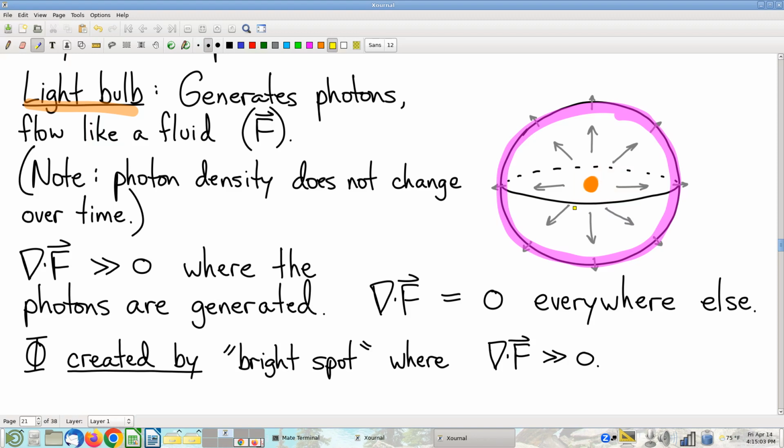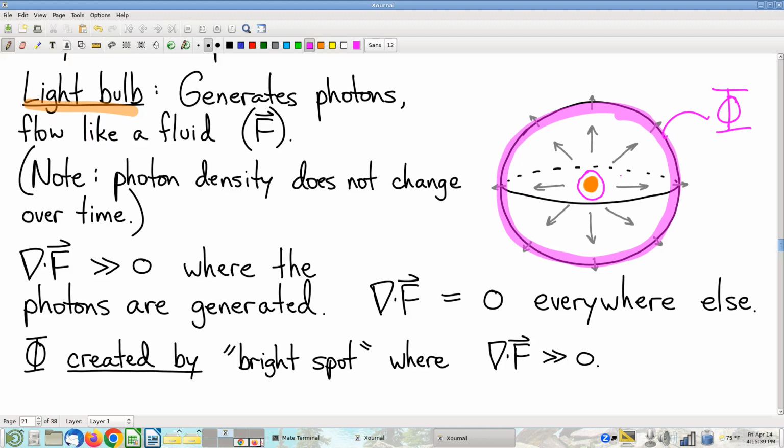Now let's talk about what the divergence would be at the center. Again, we can talk about the flux on this sphere out here. Now let me draw a really teeny tiny little sphere in the middle. What's the comparison between the flux on the outside sphere versus the inside sphere? How many of the photons generated by the bulb go through the outer sphere?